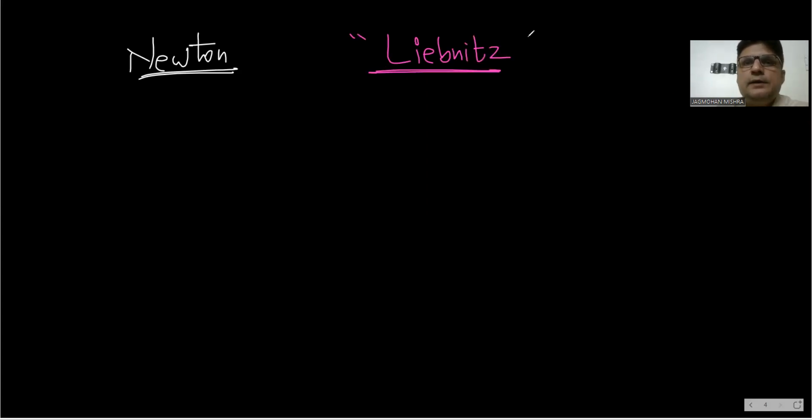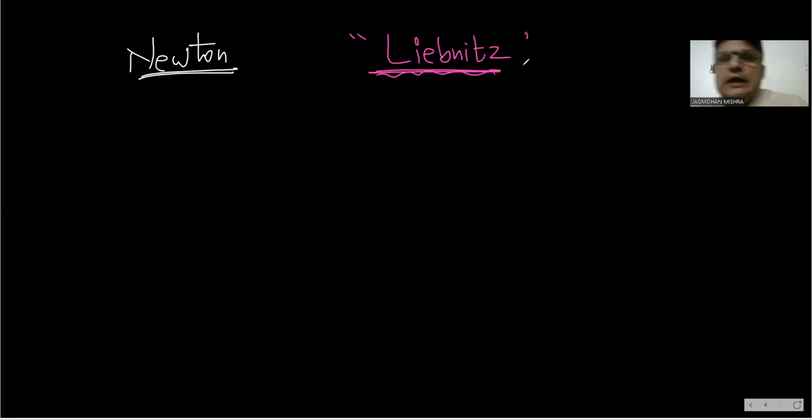Students, if you remember, in the very first lecture I had said that along with Newton there was one more contemporary of Newton, one more mathematician who was also working on the same concepts, and his name was Leibniz.